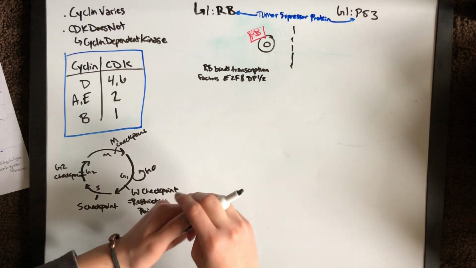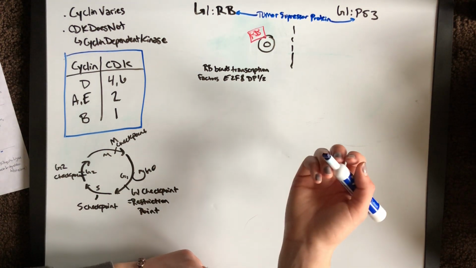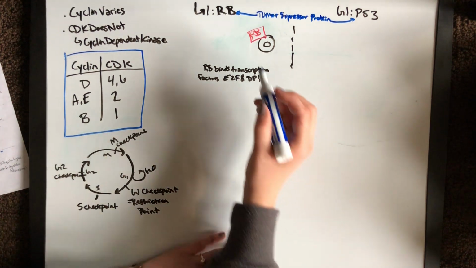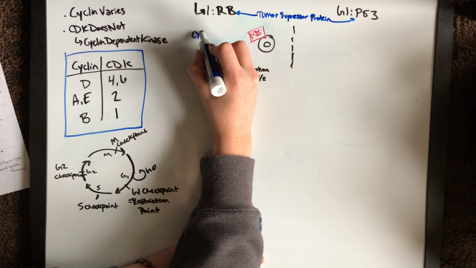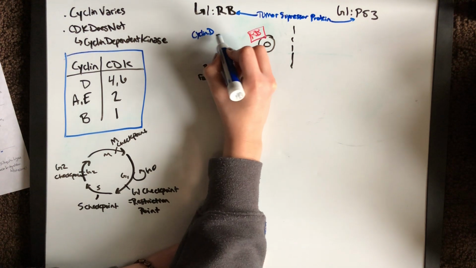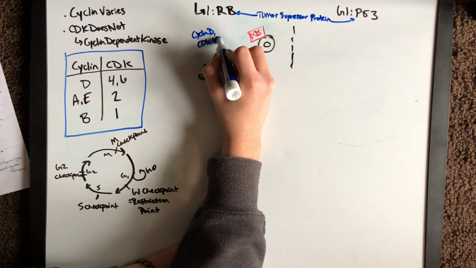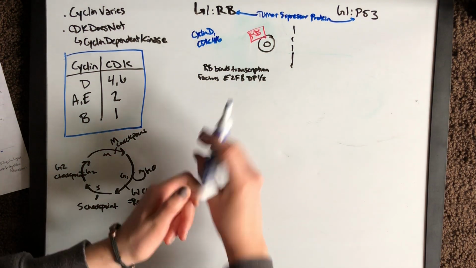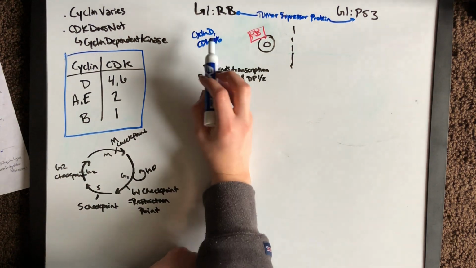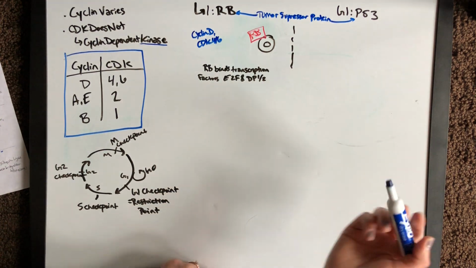Okay. So what happens is our Cyclin-D and CDK4/6 are going to bind and become active. So that's binding and making an active complex. And remember, it's a cyclin-dependent kinase, so it's going to phosphorylate something.